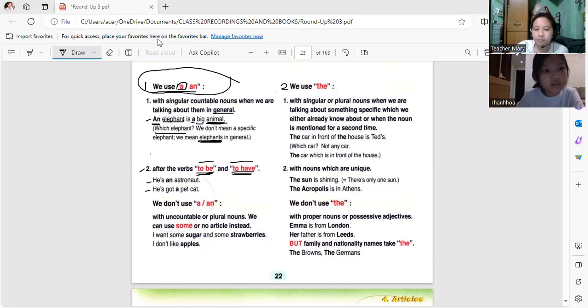So, can you make another sentence using an? Since in your sentences, you are using a. Think of another example, or another verb, that uses an.